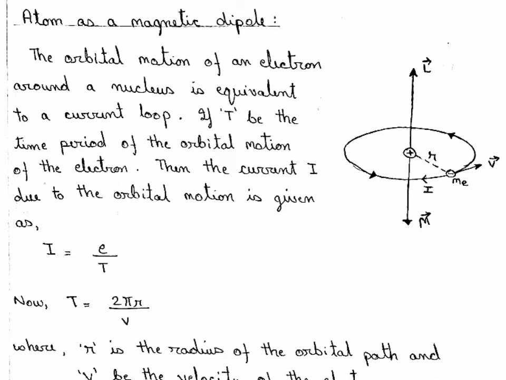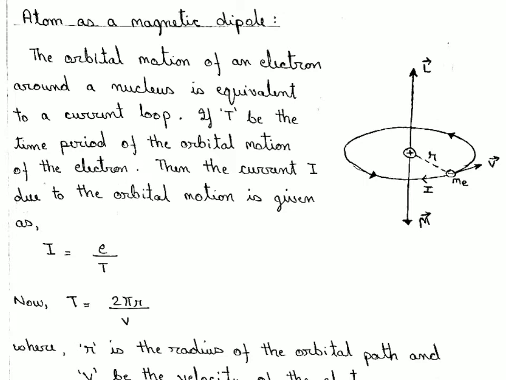Then the current I due to the orbital motion is given as I is equal to e by T. Remember, this definition is from chapter 3: current is equal to Q by T. Here Q is equal to e, which is the charge of the electron, and T is the time period.